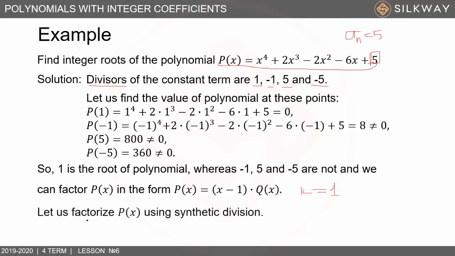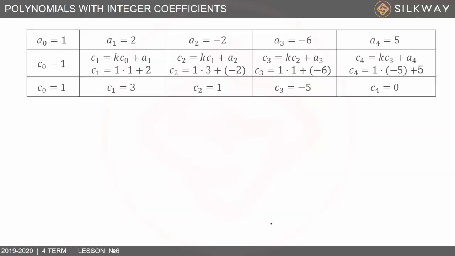Okay, let us factorize polynomial p of x using synthetic division. We draw a table, yes, and write in the first row the coefficients of our polynomial, and in the second row we find the coefficients of our q of x. Okay, we know that a0 is equal to 1 and c0 will also be equal to 1.